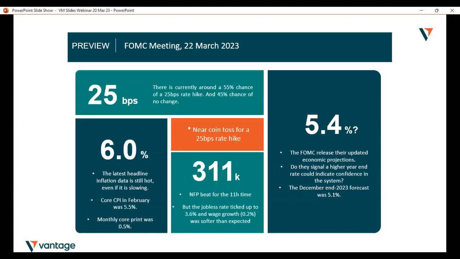That implies, similarly to the ECB, that they don't see systemic risks in the banking sector. They don't see contagion spreading, and that is, of course, positive. It does mean that rates will go higher, potentially from 5.1% peak terminal to around 5.4%, I think. Not sure of the average of economists, but potentially around that would be really instructive.